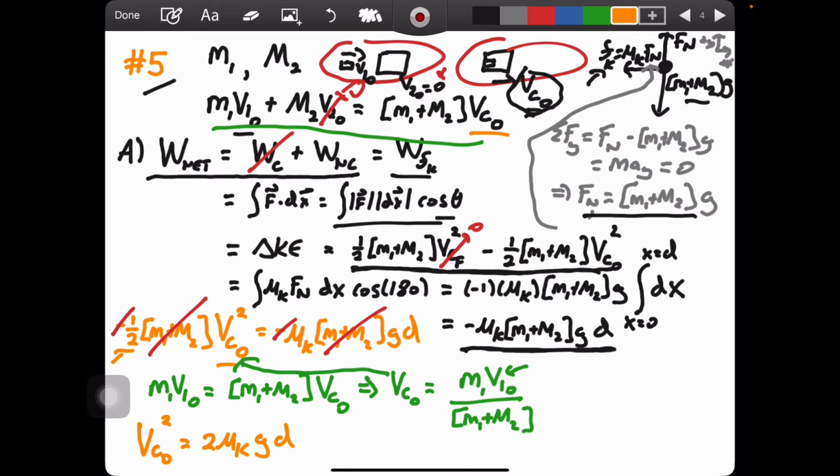That came from my integral. And if I want to then express for V combined initial, I can substitute this right here.